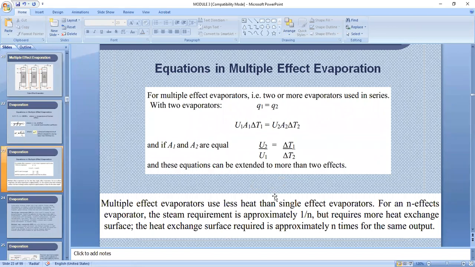So for the same output, you need to multiply it N times if you have a multiple effect evaporation system. So you use the energy content of your heating fluid, that is your steam, to a greater extent. You have not discarded the energy content of the steam as in the single effect evaporation system, wherein you only use it once and then it's discarded already.